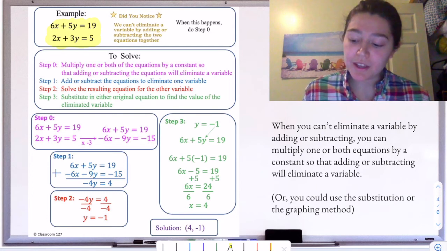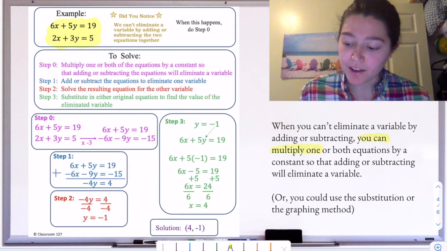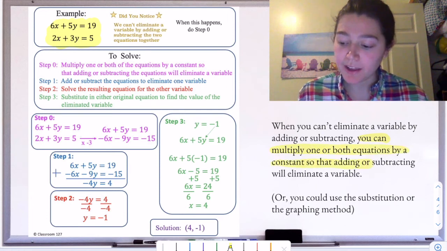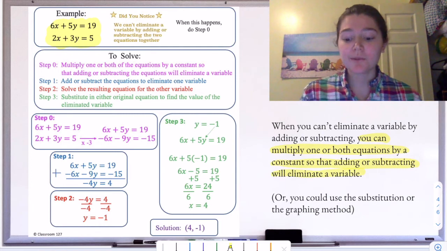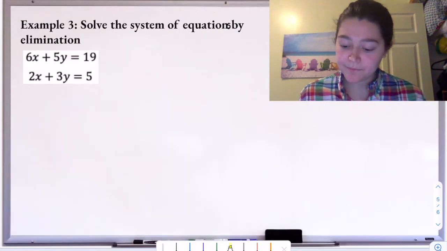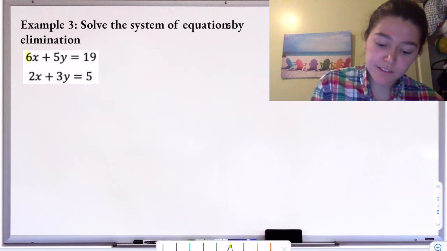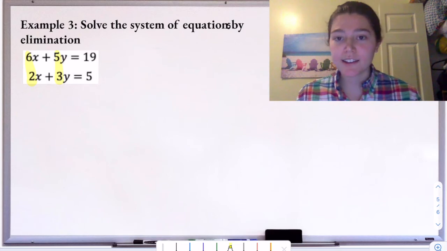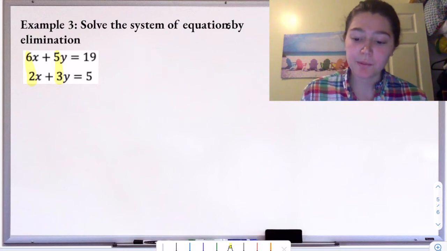Instead, what we can do is multiply one or both equations by a constant so that adding or subtracting will eliminate the variable. So I'm going to show you just that step. So here's that same problem. I notice, again, adding and subtracting will not eliminate one of the variables.